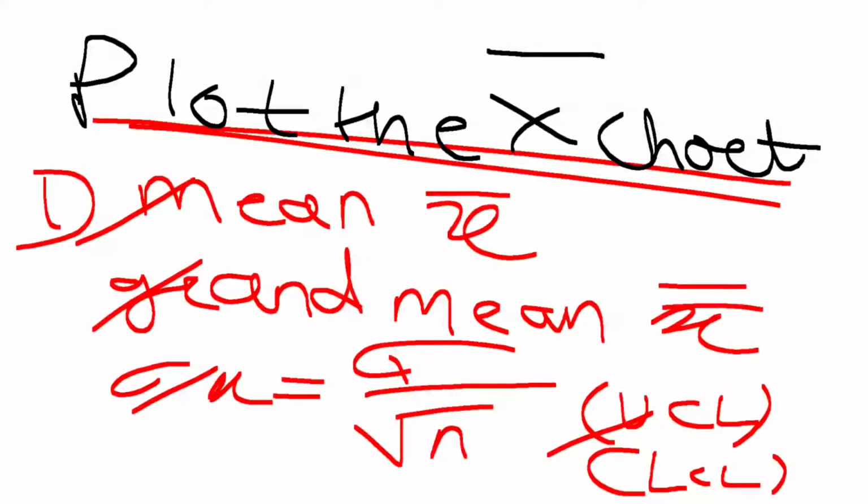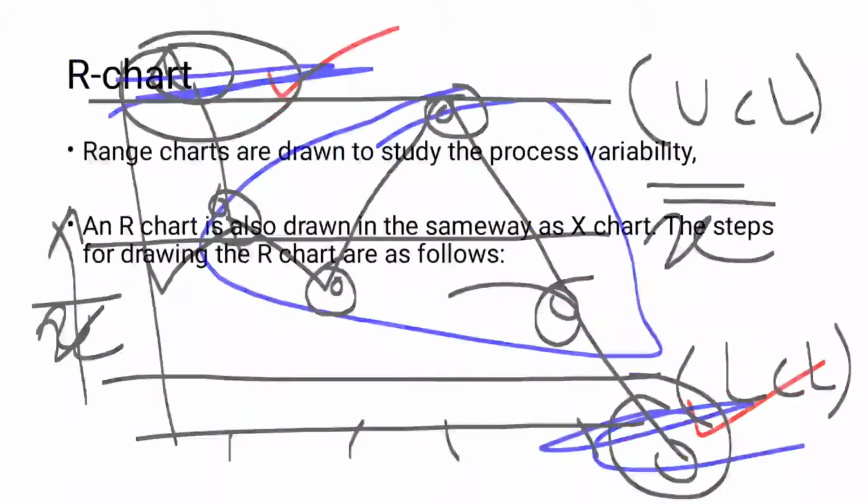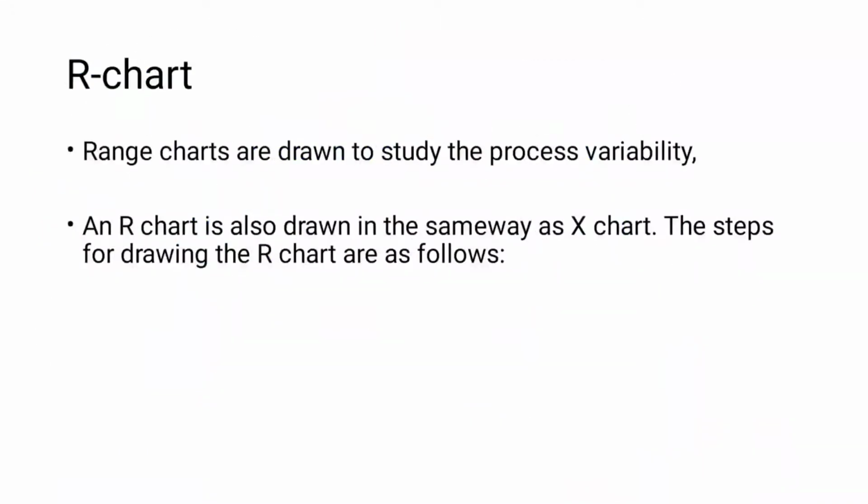Now let's move to the second type of chart used in control variable charts. What is the second chart? It is the R type chart. R is known for range charts. Range charts are drawn to study the process variability.